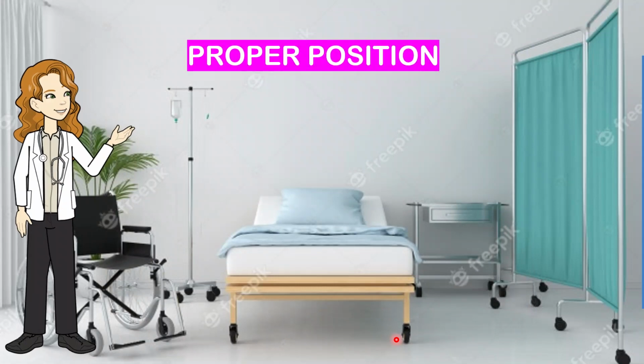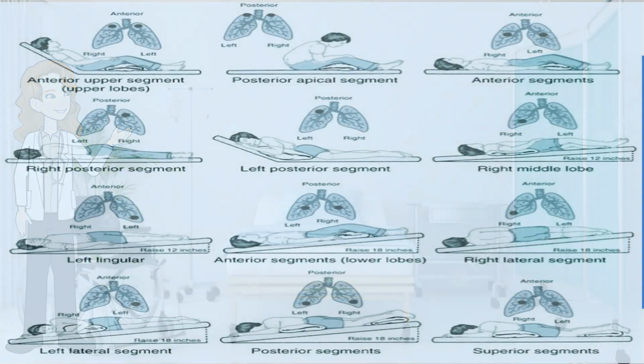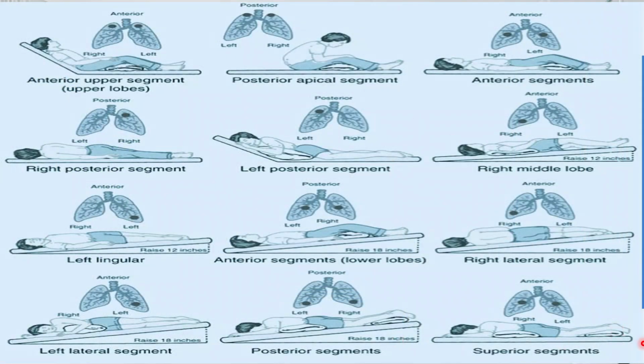So take note of the proper position when you do the procedure. Okay, so here, this is an example of how you will position the client. You have to check the x-ray first to see where there are more secretions or mucus, and then which area or part of the lungs you will drain. Let's say for example here, you want to drain the posterior.